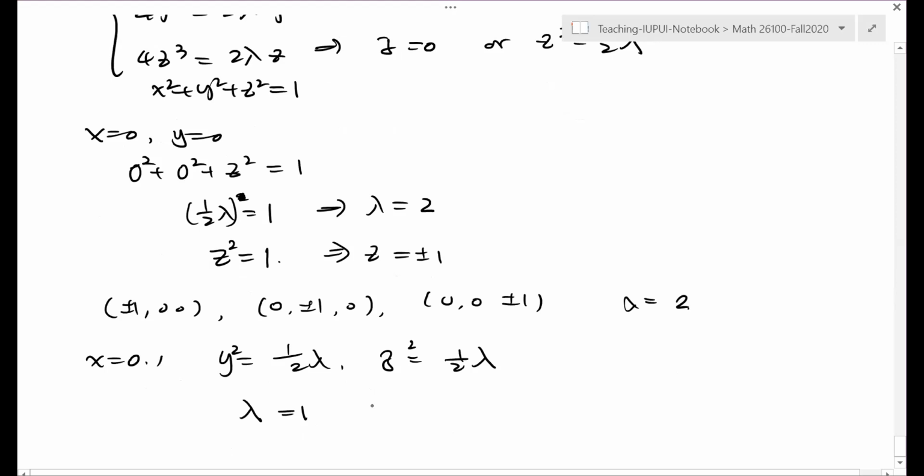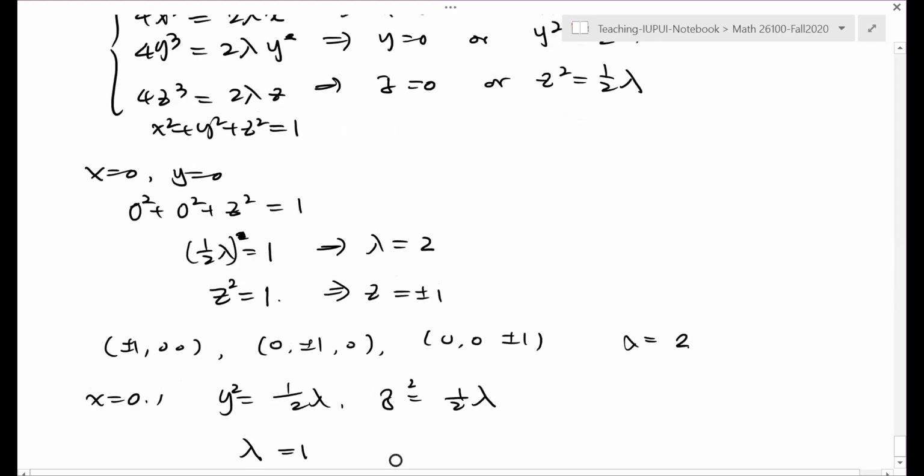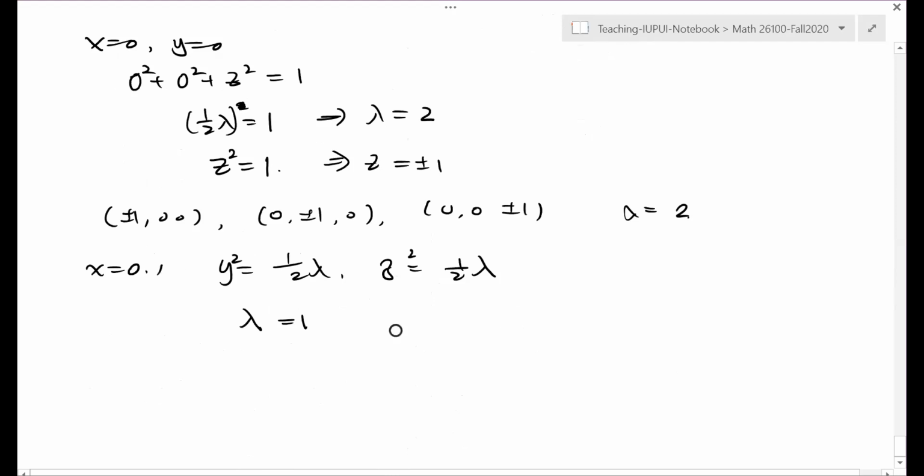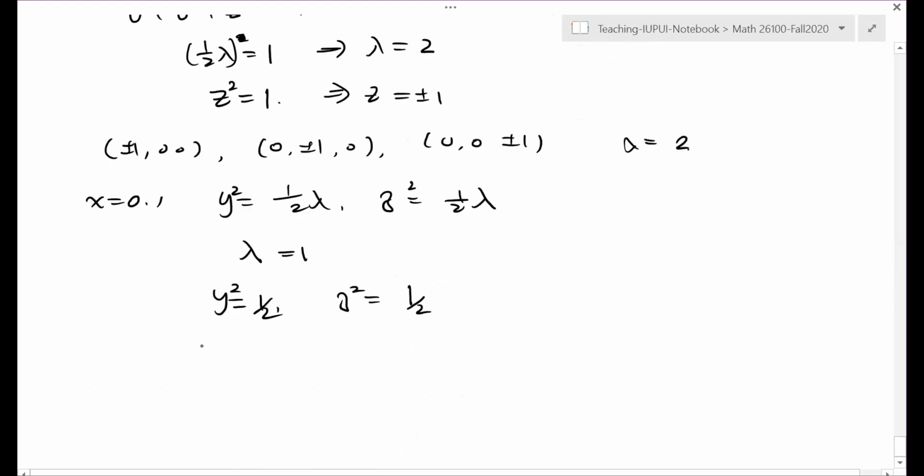So lambda equals 1, then y squared equals 1/2, z squared equals 1/2. So y equals plus or minus square root of 1/2, z equals plus or minus square root of 1/2.